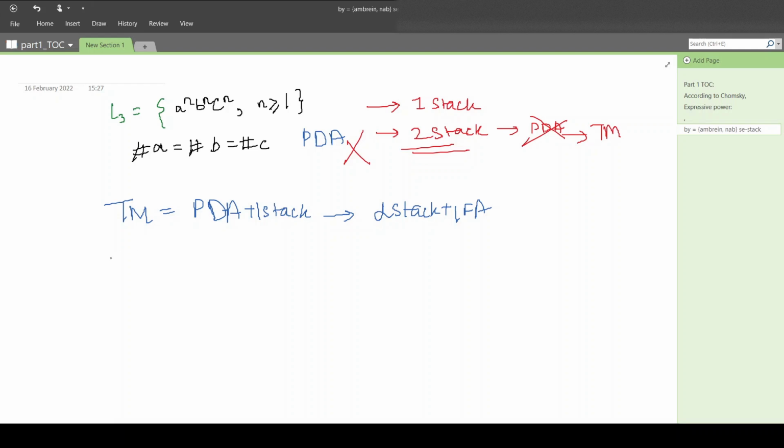Let me take the string a b b b c c c. We are entering all the a's, pushing them. Then for every b we are popping it.